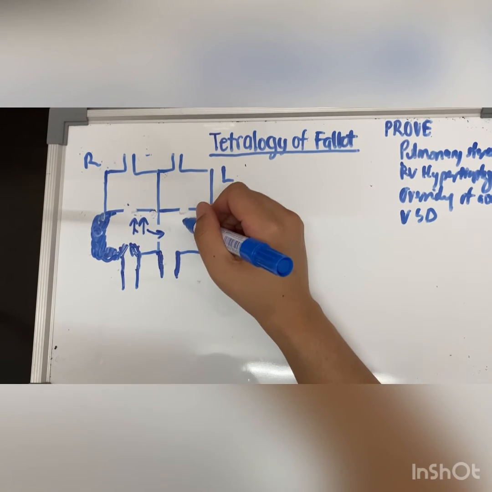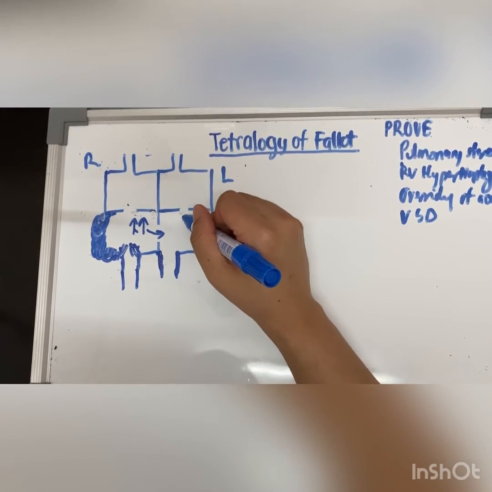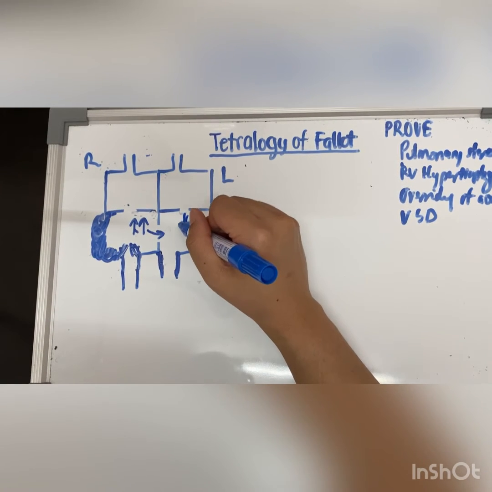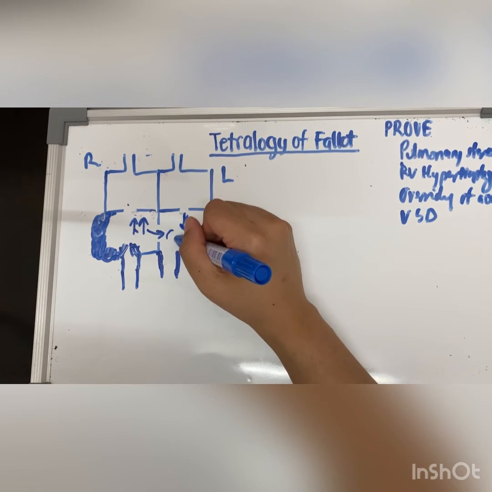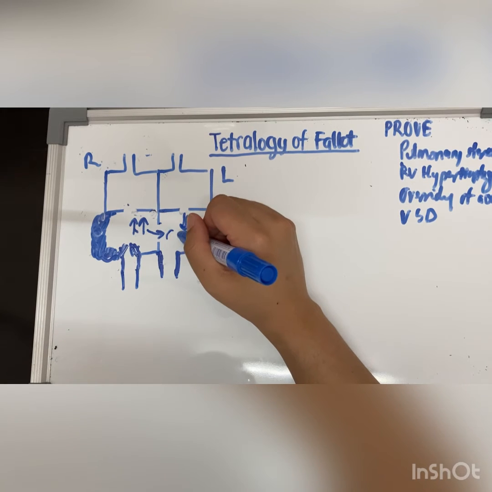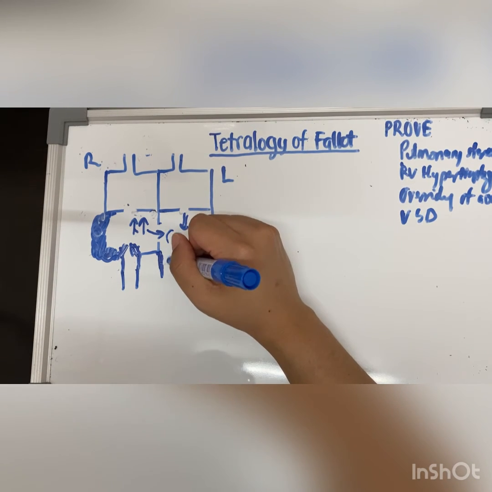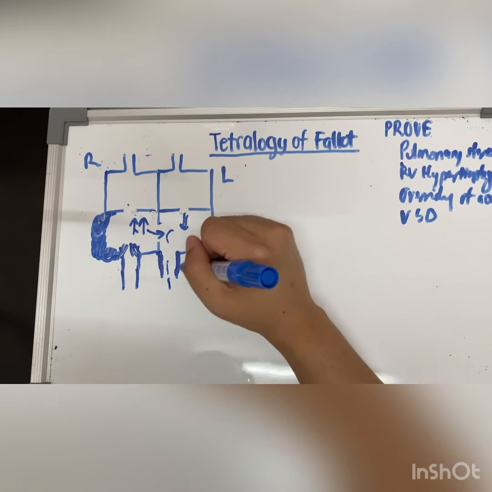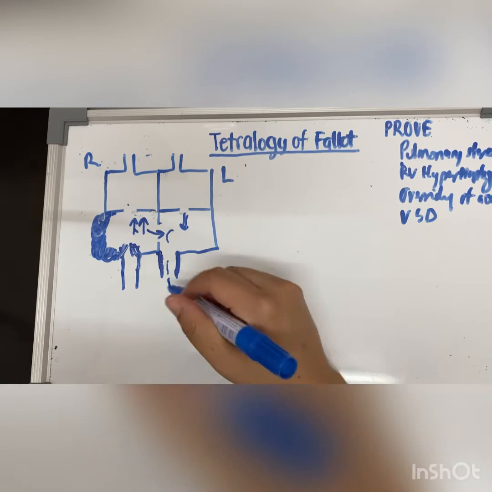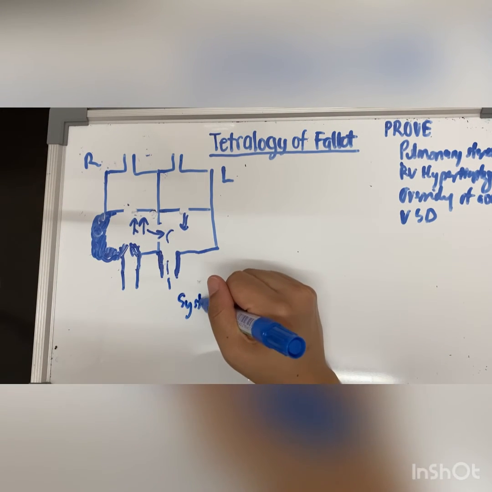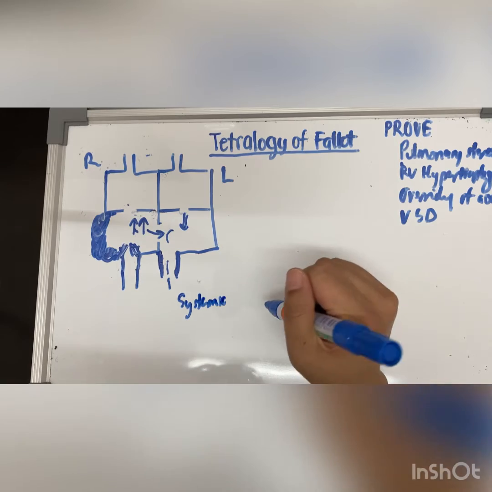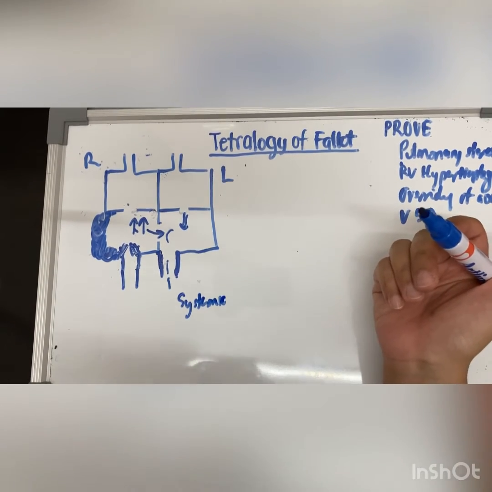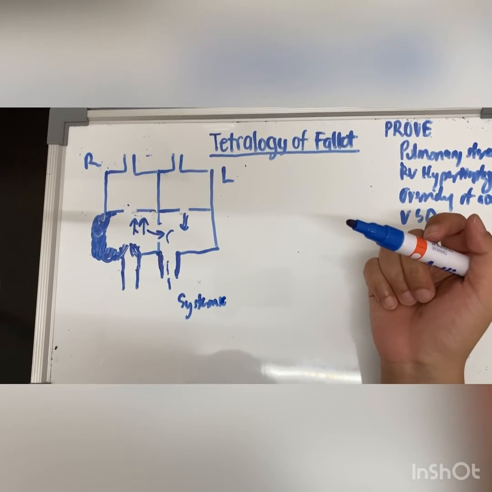So the deoxygenated blood and also the oxygenated blood from the left ventricle will mix here because of the presence of the VSD, and the mixed blood will flow out of the aorta to the systemic circulation. So this gives rise to the cyanotic appearance of the patient.